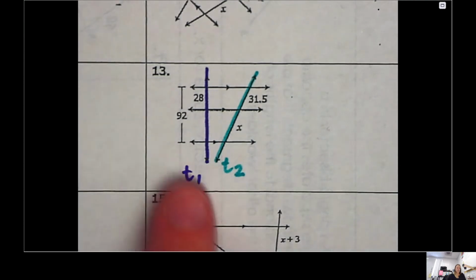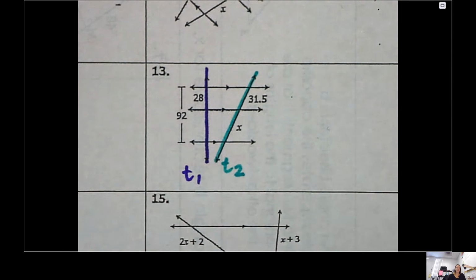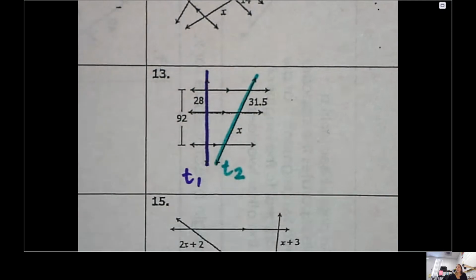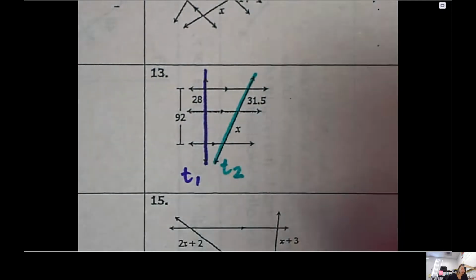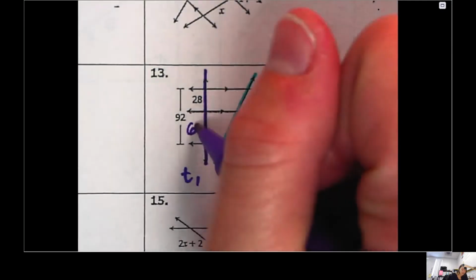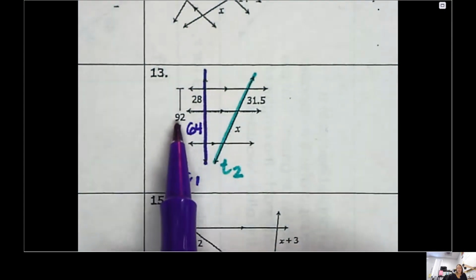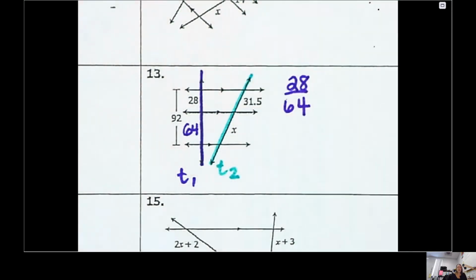So this one on the left. 2 numbers that make up that line are what? One of them is definitely given to you. 28 and 64. Good, because the other piece that makes this one up is 64. It has to add up to give me 92. So I've got 28 is one of them, and 64 is my second one.